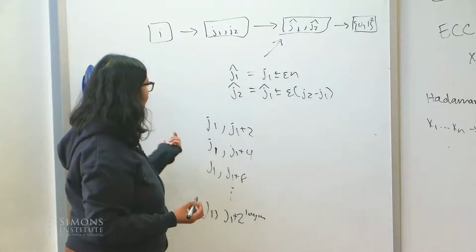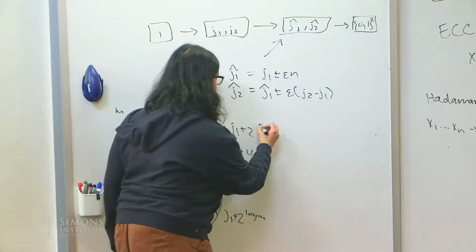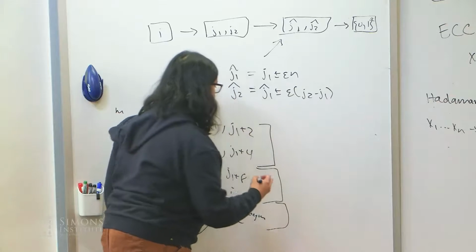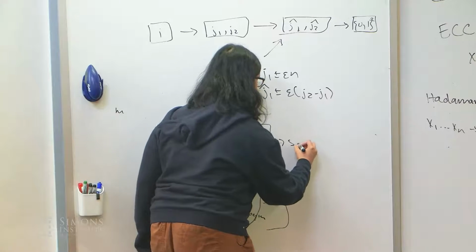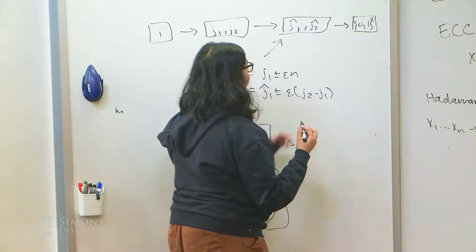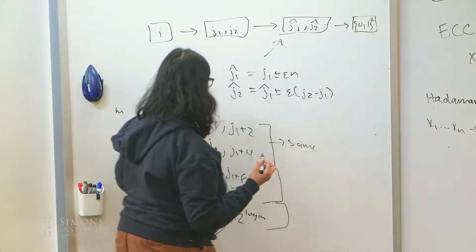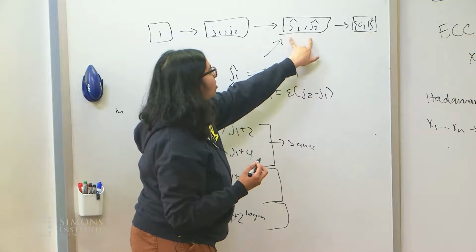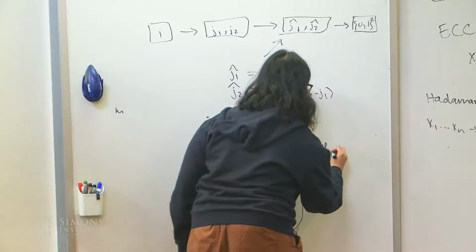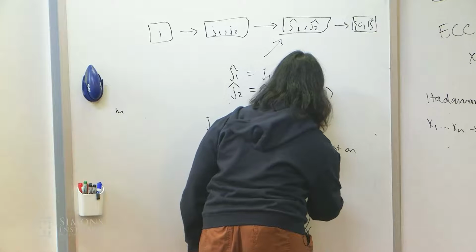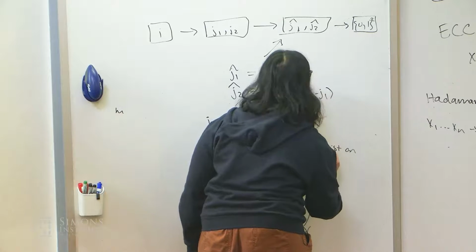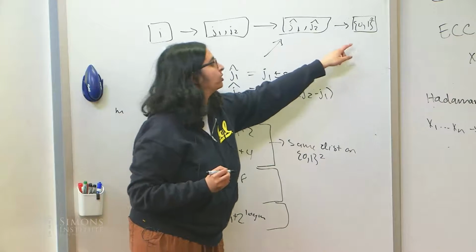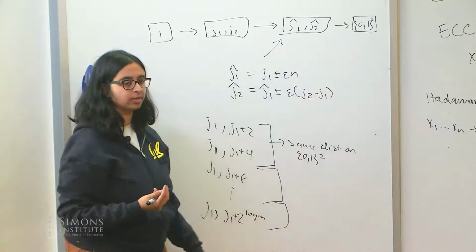So the basic idea is that you can group these queries into a constant number of chunks like this, and even though the two pairs of queries listed here are going to have a different distribution on J1 hat and J2 hat, they'll have the same distribution on {0,1}^2. Because at the end of the day, you don't get to figure out what J1 hat and J2 hat are. You only get to figure out whether the outputs were 0 or 1.